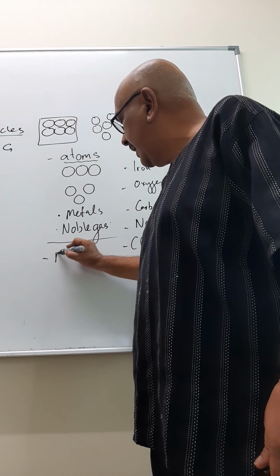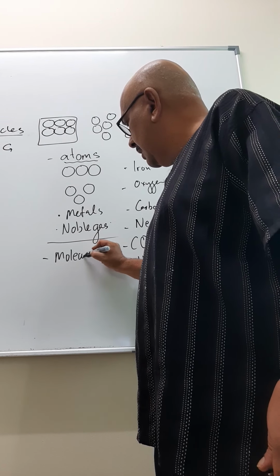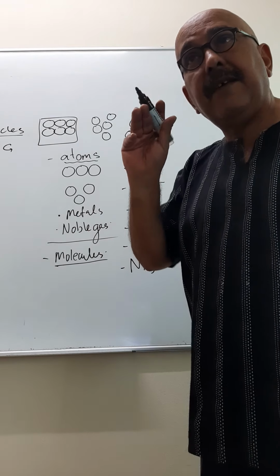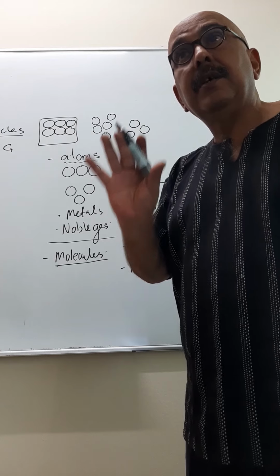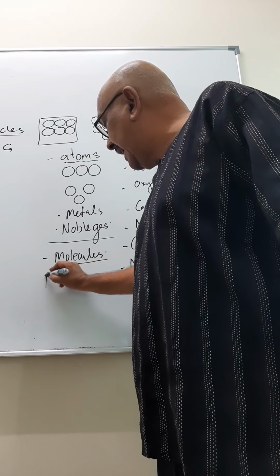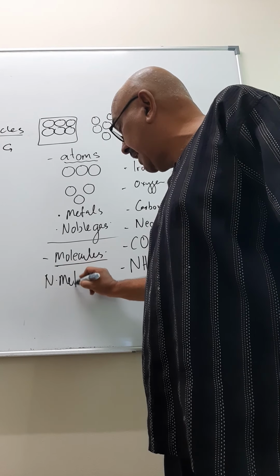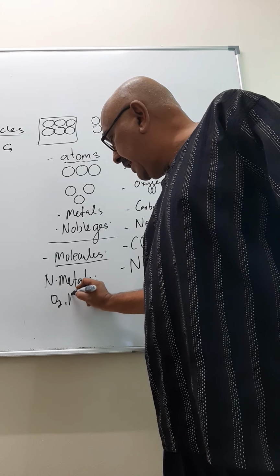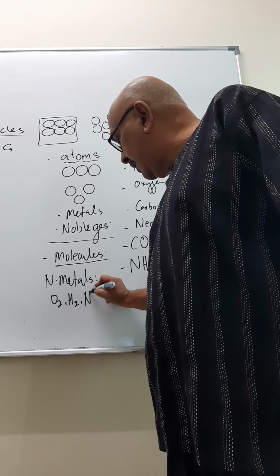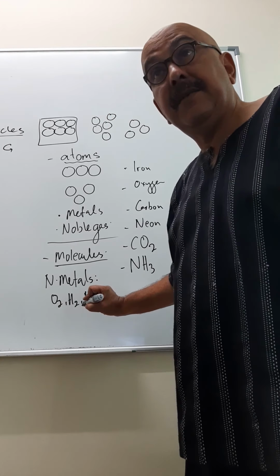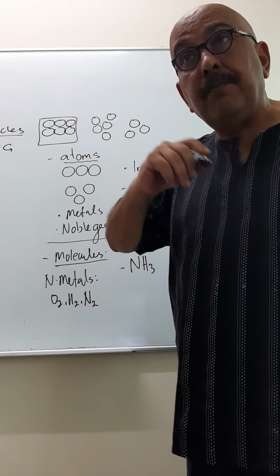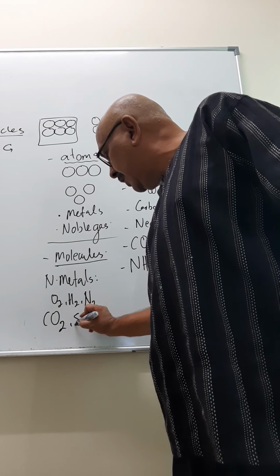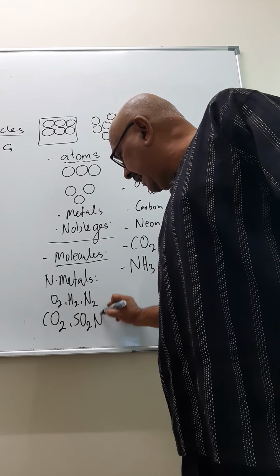Okay, so our molecules. Now molecules are a bit tricky, because molecules have to be non-metals combining. Try to remember that. We've got O2, H2, N2. These are non-metal elements. And you have compounds. Your compounds are things like CO2, SO2, NH3.